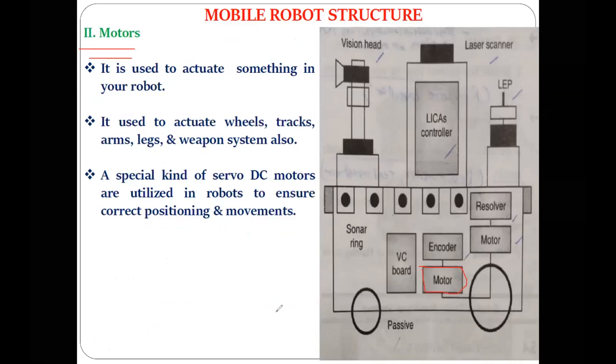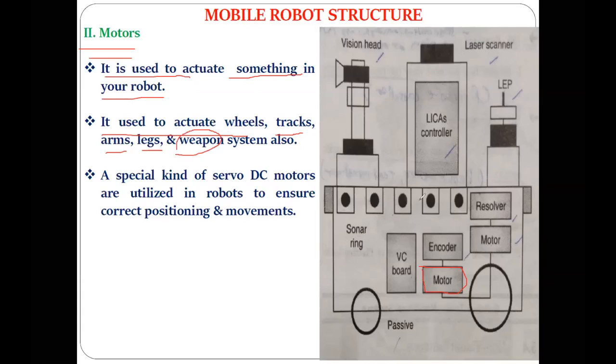Along with the motor, there is another component, the actuator, which is not shown here, but if they have shown just the motor, it is okay. Motor, as I have mentioned, is used to actuate something in your robot. Actuate something means it makes the robot perform some kind of activity. So it is used to actuate the wheels. It is responsible for the movement of the wheels, tracks, arms, legs, and weapons also.